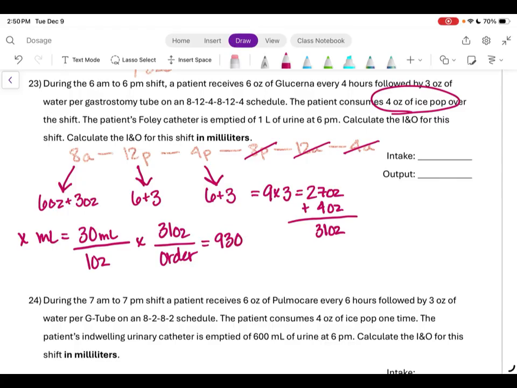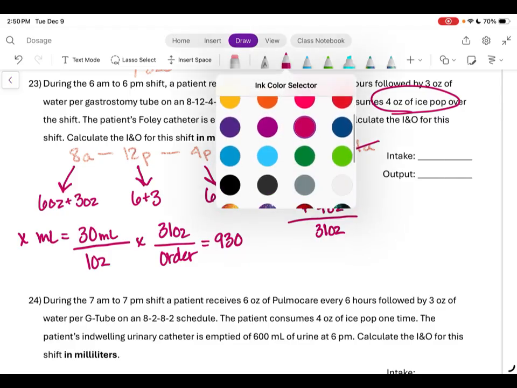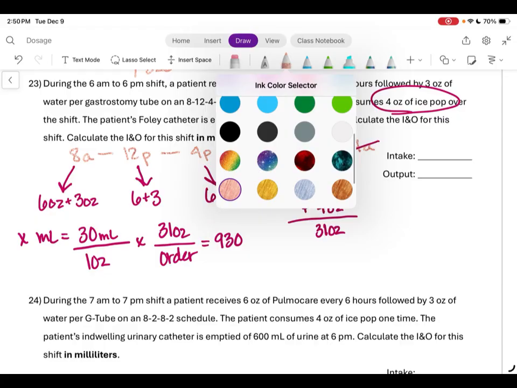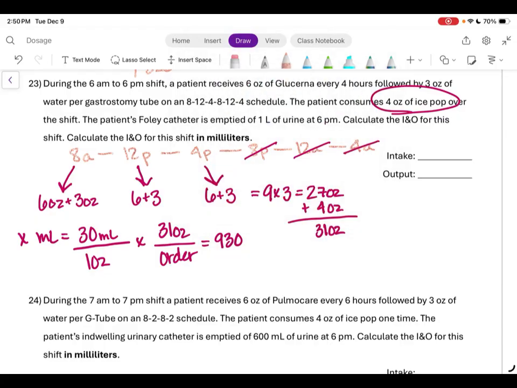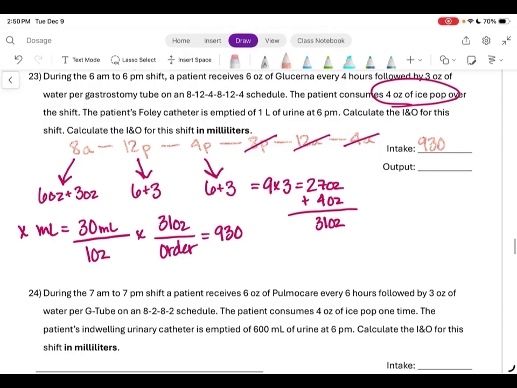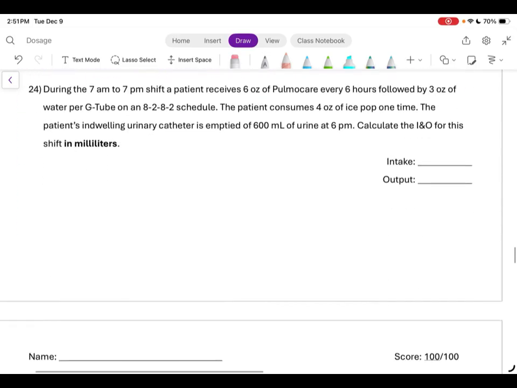Okay, so my intake is 930. Okay, my output is right here, 1 liter in milliliters. You can just look at your conversion sheet and it will tell you that it's 1,000. Okay, all right, last one.